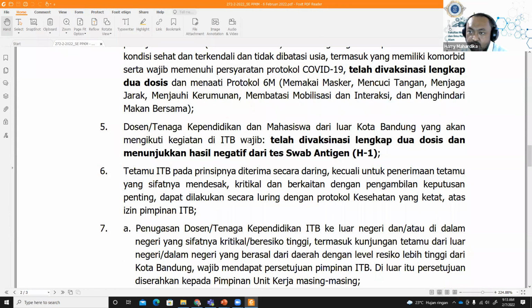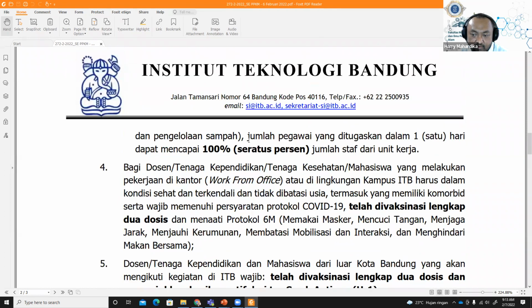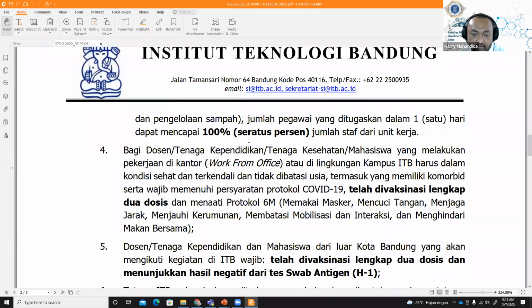Okay, and then for those of you who haven't got vaccinated yet, please do so, because there will be a requirement to have 2 doses of vaccination, especially for those who are coming from outside of Bandung.